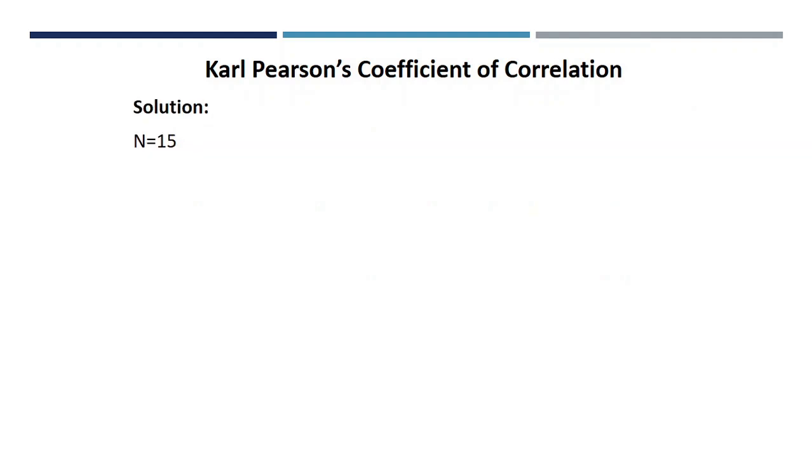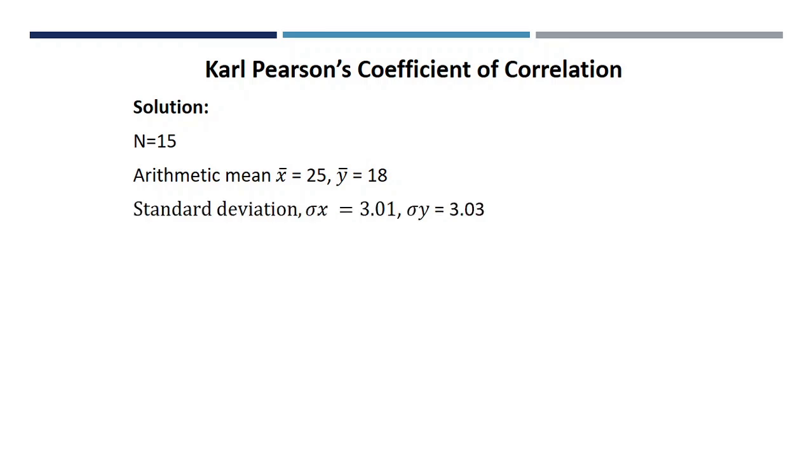So what is given here is total number of units n is 15. Arithmetic mean of x series, x bar, is equal to 25 and arithmetic mean of y series, y bar, is equal to 18. Standard deviation of x series sigma x is equal to 3.01 and that of y series sigma y is equal to 3.03. And sigma (x minus x bar) square is 136 and sigma (y minus y bar) the whole square is 138.